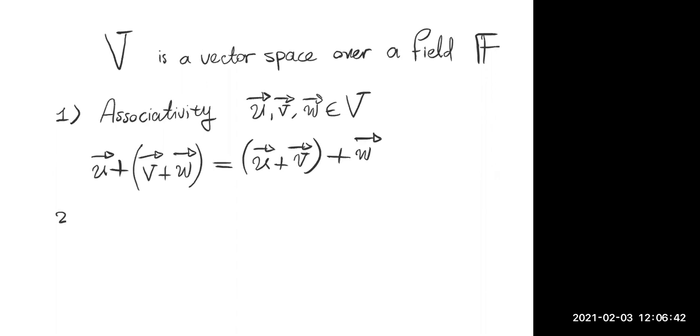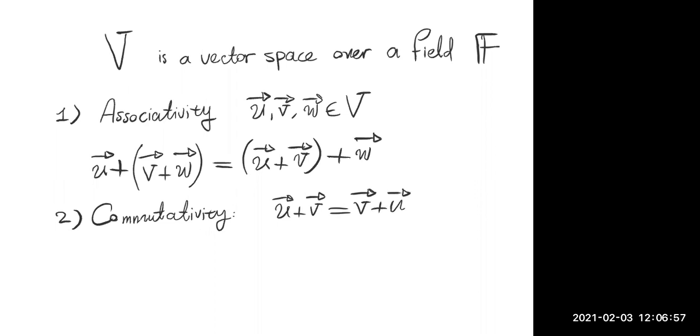The second one, again, is commutativity. Here, I want u plus v, the sum of these two vectors, to be equal to v plus u. For vectors in general, we don't have a notion of multiplication, right? For example, if you take a vector u equal to (2, 1) and take another vector v equal to (-1, 3), there is no natural notion of multiplication.